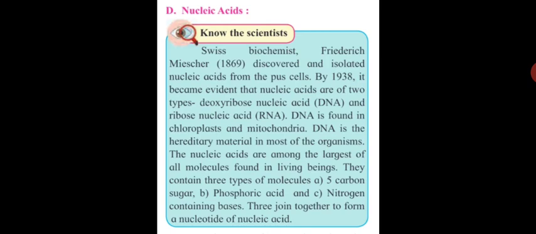The nucleic acids are among the largest of all molecules found in living cells. They contain three types of molecules: first, a 5-carbon sugar or pentose sugar, second, phosphoric acid or phosphates, and third, nitrogen containing bases, means nitrogen bases. So these are the contents which form nucleic acid, means DNA or RNA.